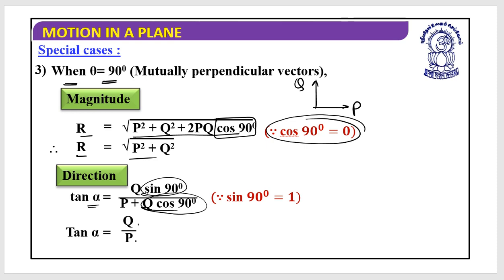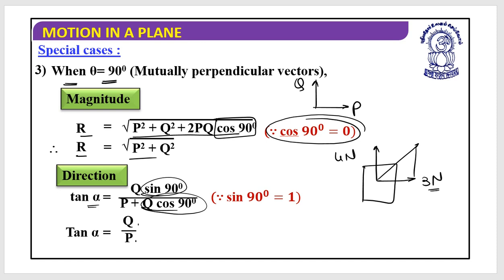Practical life: how could I associate it with this? This is 3 Newton, this is 4 Newton. These two are perpendicular to each other. When we don't know the resultant, we know that probably this would be the resultant.